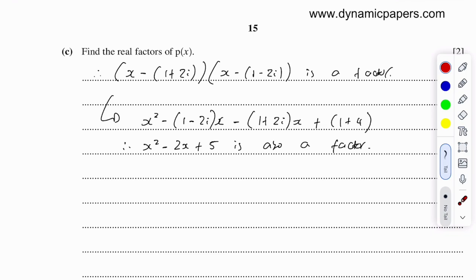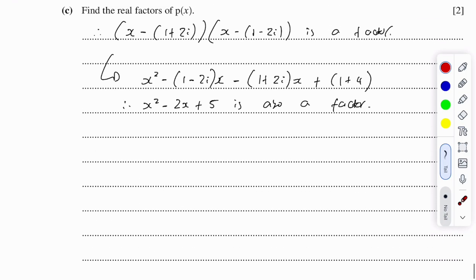Now what's important is to find the next factor here. We can use long division. There's a few ways to do it, but this is one way. You could equate coefficients, but I feel I'd use long division here because it's not typically used that often, but it could help simplify things.